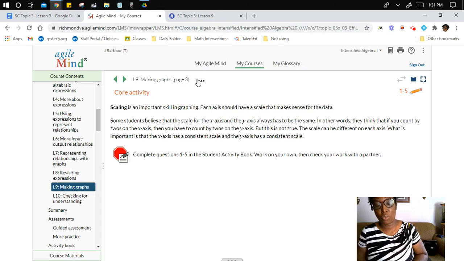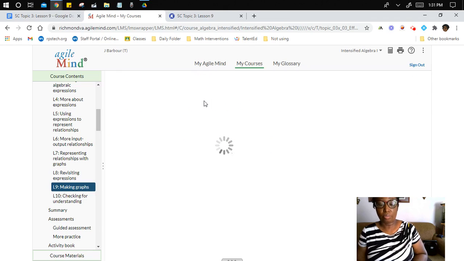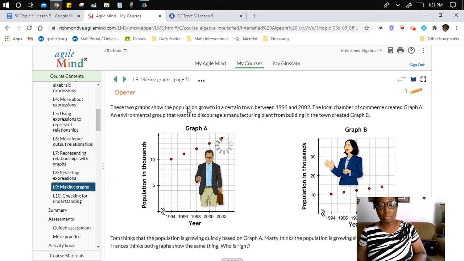So let's go back to our first example. They had different scales. This one was counting by ones in years. This one was counting by ones for the 1,000 in population. This one was counting by 10,000s. Okay, they're consistent. They're not the same. That is why sometimes the graph might look different, but these are the same graph, same data.